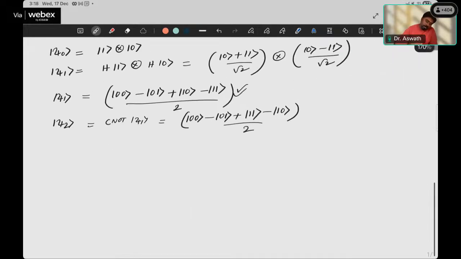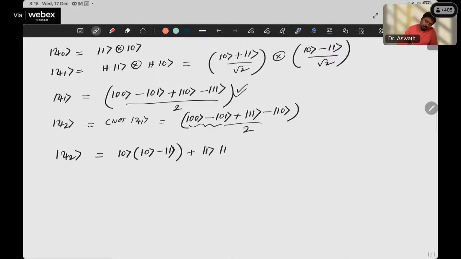Let me rearrange psi 2 for our own comfort. If there is any commonality, from the first two terms I can take |0> common, giving |0> minus |1>, and from the second two terms I take |1> common, giving |1> minus |0>. Divided by 2, I will write |0> plus |1>, times |0> minus |1>.